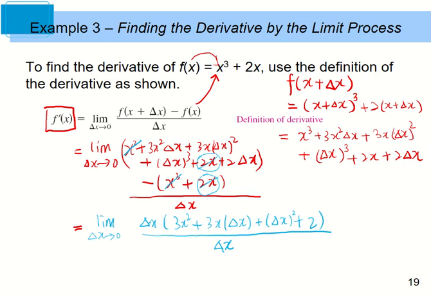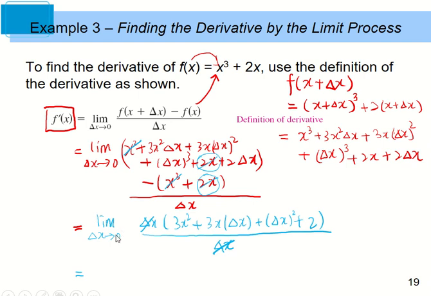Now, as we can see here, we can actually eliminate the delta x. Therefore, when we have the limit as delta x is close to 0, remember in the previous discussion, we said to find the limit, we can actually substitute the value inside here. To find the limit, we use the substitution method.